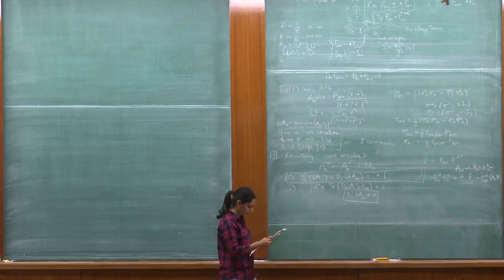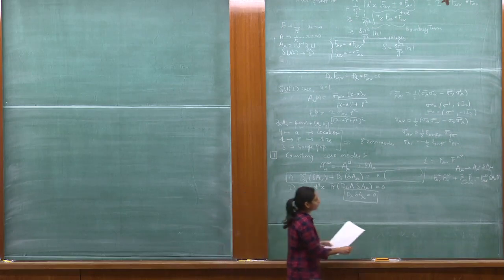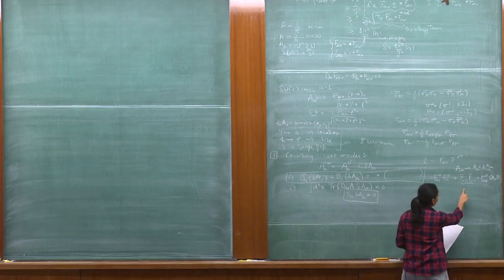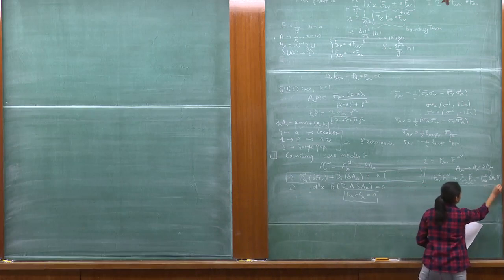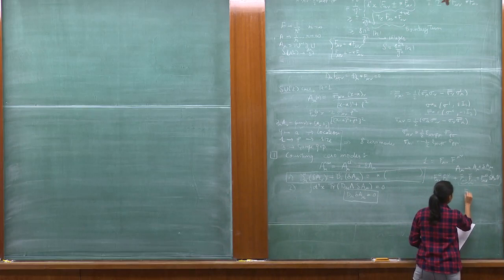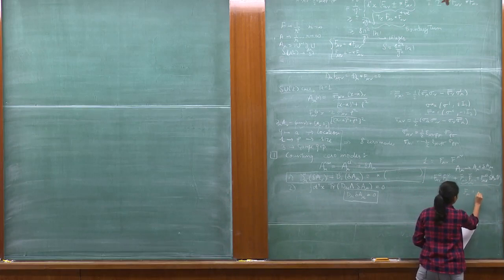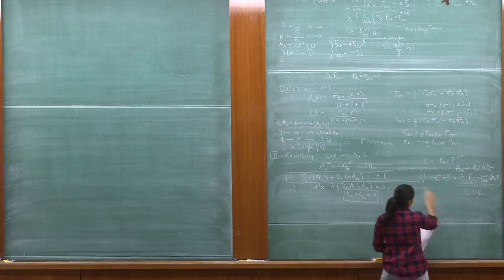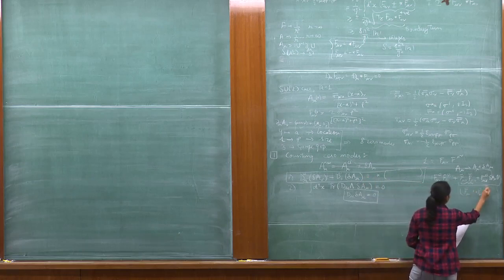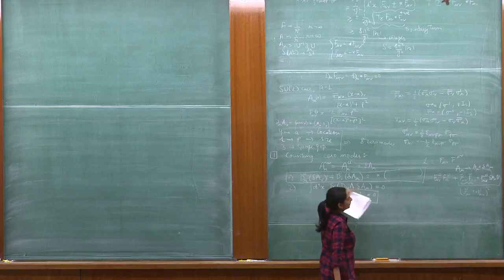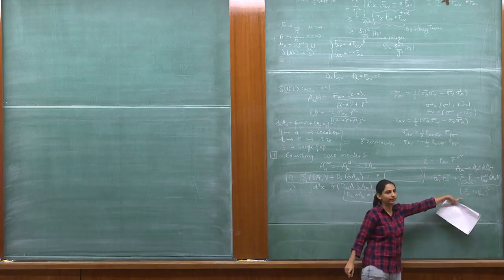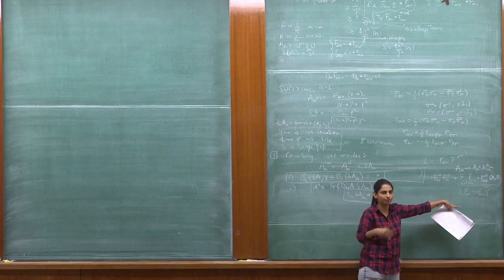It's easier to do this in a better way. These two things can actually be written as F mu nu plus or minus star of F mu nu. If you satisfy this condition, it's equivalent to saying there is no extra contribution coming to the action.